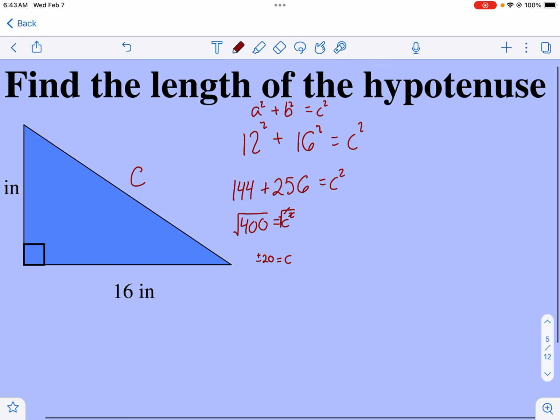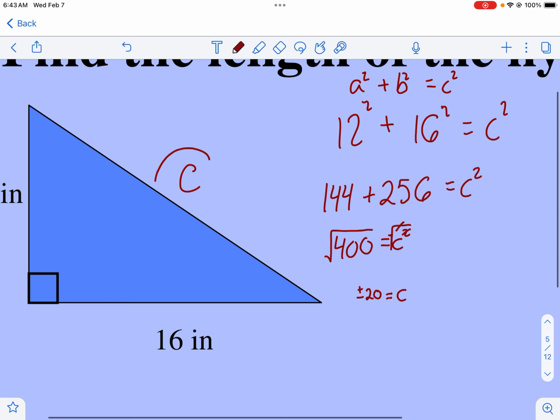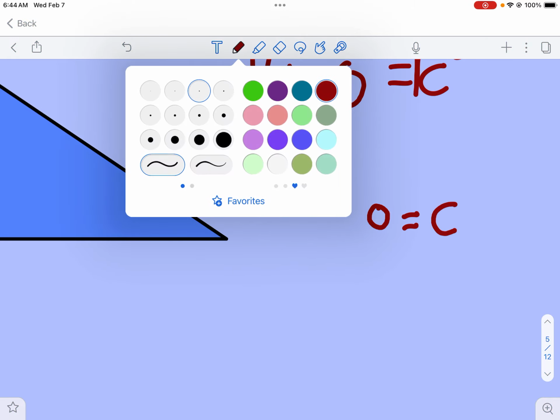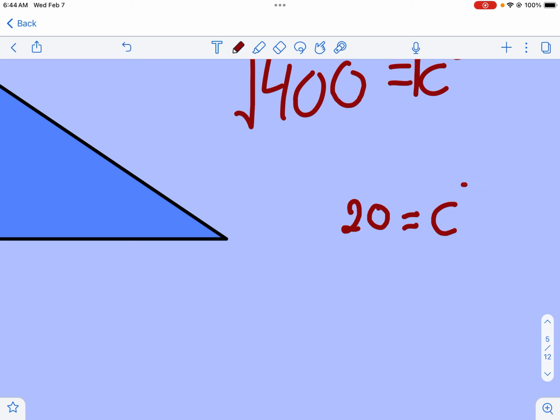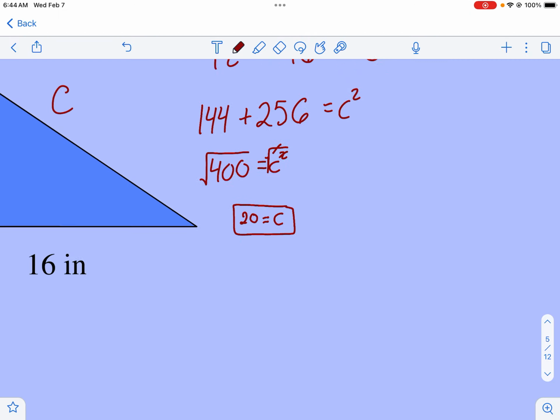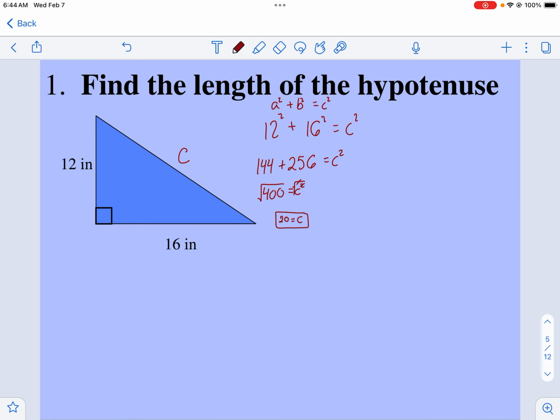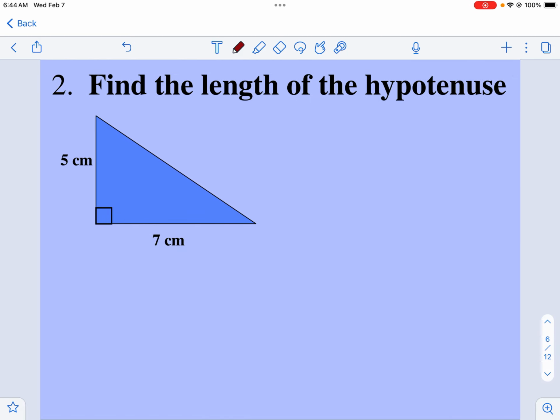And then I ask myself, is it possible for c to be a negative value? Can a length be negative? We say no. So we're just going to make that a positive 20. So I make sure I ask myself those questions. Does this make sense? Is this a possible value for the answer I'm getting? Looking at the problem in context, all good things to do that I hope we're practicing.